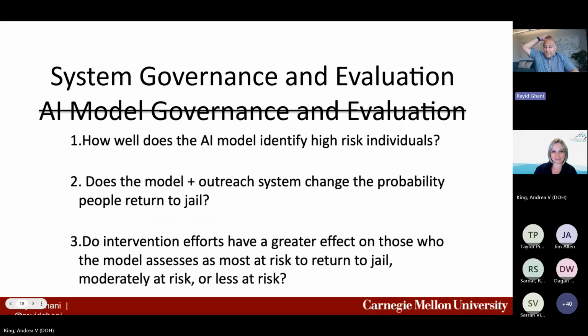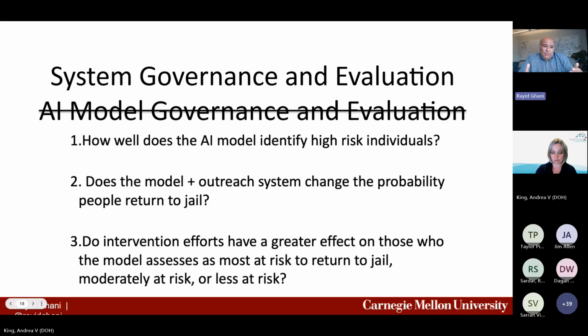Here's an example of some of the work. If we just focused on the model level for a lot of the examples that I gave, you would say, well, how well does the AI model identify high-risk individuals, high risk of homelessness, high risk of mental health crises, behavioral health crises, high risk of lead poisoning? And that's great to know that it's good at that, but that doesn't mean it helps.